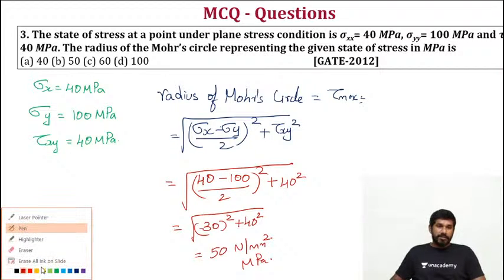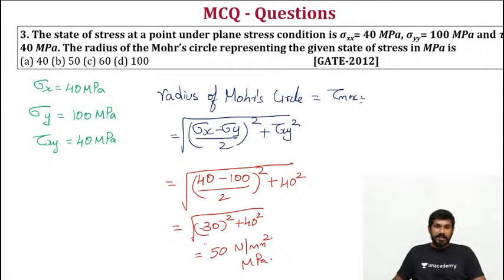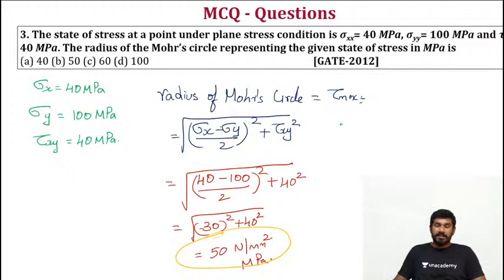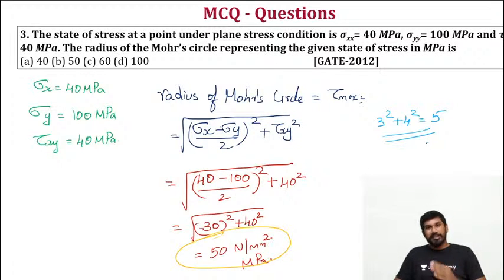So as I already said, this is the answer, and the interesting part is that a few numbers like 3 square plus 4 square is equal to 5, right? And this is repeatedly used in GATE. Not only in strength of materials, even in other courses, the numerical values 3 square plus 4 square have been used multiple times.